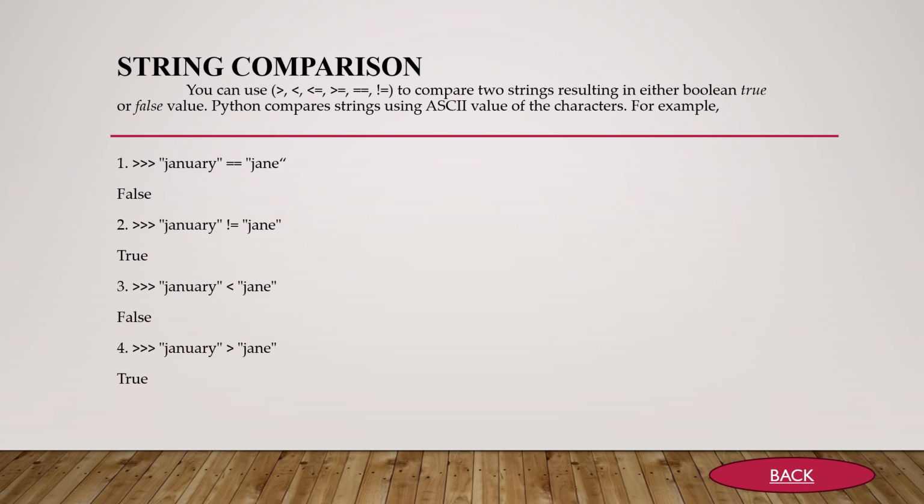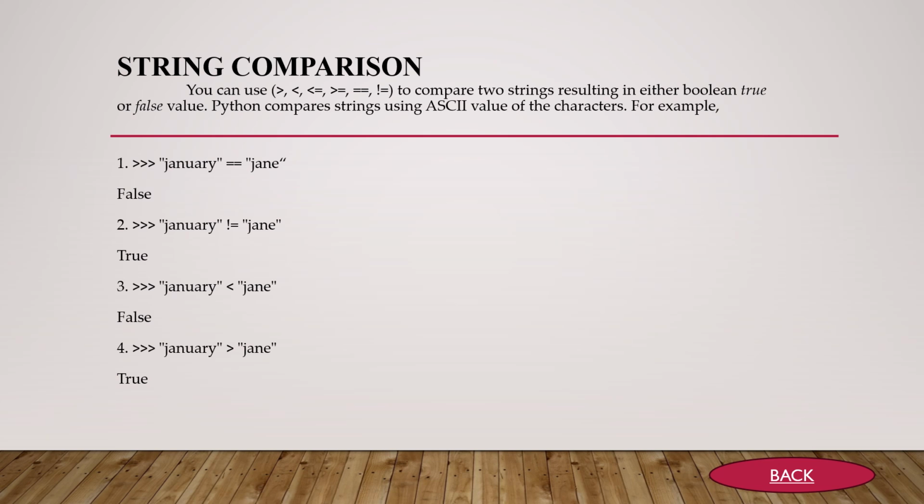We can compare two strings by using the relational operators, which result in either a boolean true or false value. Python compares strings using the ASCII value of the characters. For example, January is equivalent to Jan is false, since it compares the ASCII values.